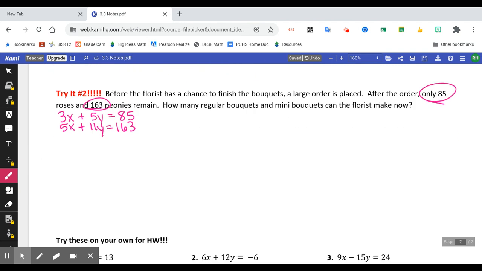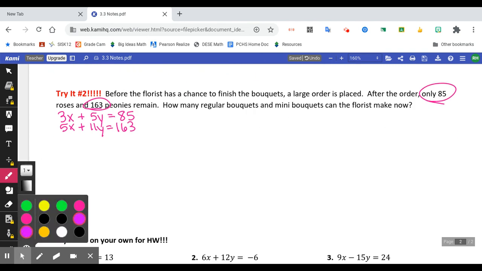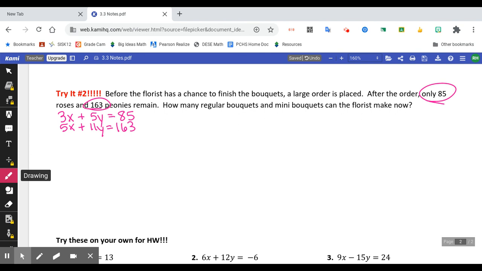Now we're going to solve. So I want to get rid of, we did x's last time, let's do y's this time. So my 11 and 5 would mean 55. So I would have to do the top by 11 and the bottom by negative 5, because 1 has to be a negative to be able to eliminate. So let's distribute our top with 11.